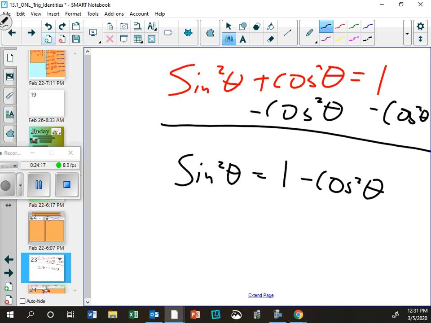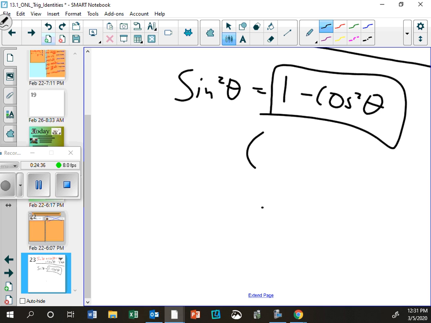You got to be able to recognize, 1 minus cosine squared, that's what sine squared is. I don't even need you to memorize it, but I need you to recognize that if there's a 1 and a minus, it's probably this one, except it's been rearranged. Okay, so do you get that that also means this is 1 minus cosine of theta times 1 plus cosine of theta?